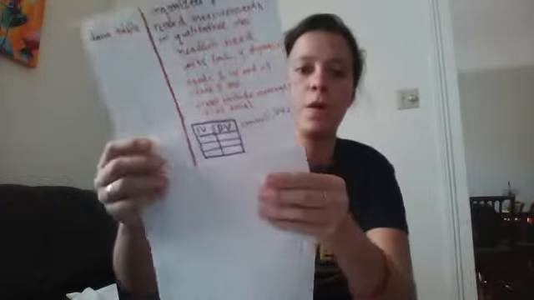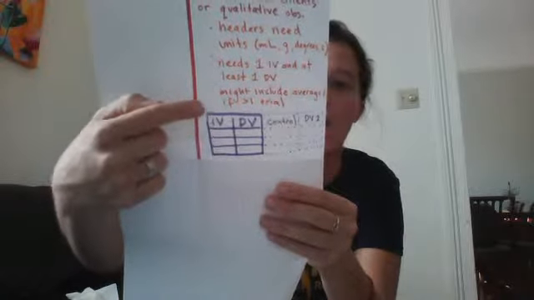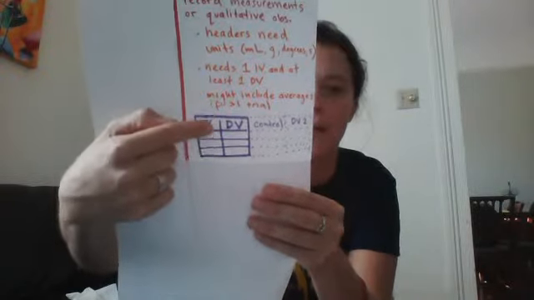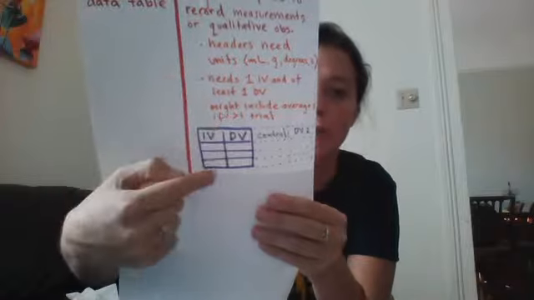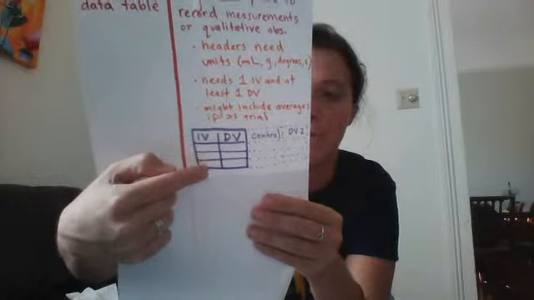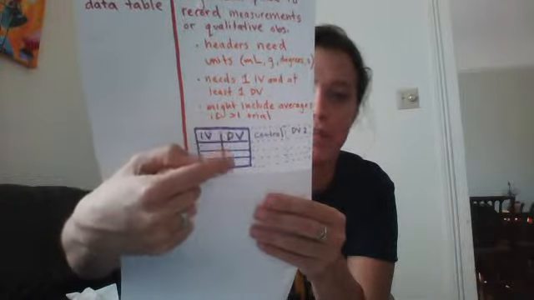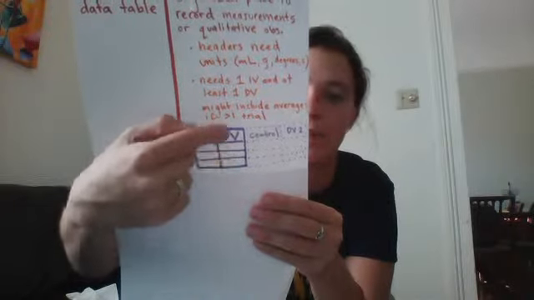The next thing you're going to do is write down what a sample table should look like. So in big lines, the first column, remember columns go up and down, is almost always the independent variable. And of course, you need to measure something after you change your independent variable.